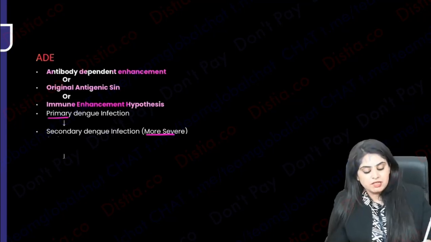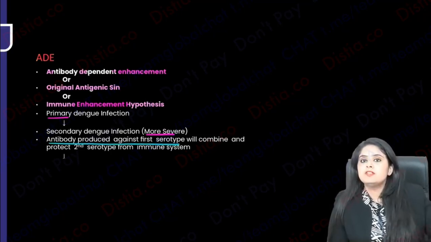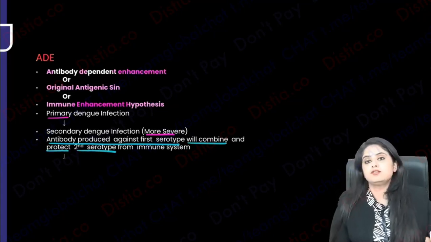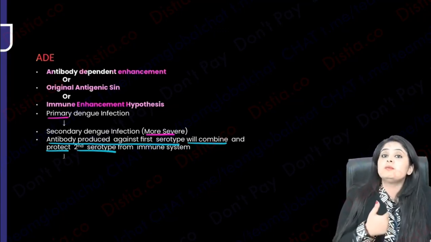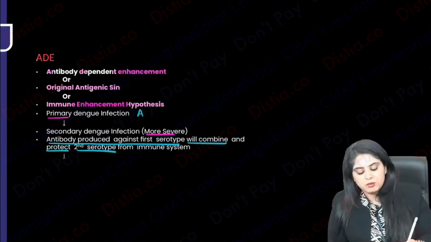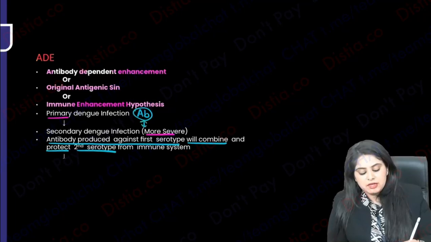Why? Because the antibodies that were formed in the first infection will actually team up with the virus the next time. They will team up with the virus and protect that virus from the immune system. So the second time you won't be able to mount an immune response and you will not be able to kill the virus. So simple, it's like a partner in crime, a teaming up, that whatever antibody was formed in the primary infection is going to team up with the dengue virus that has come in the secondary attack.